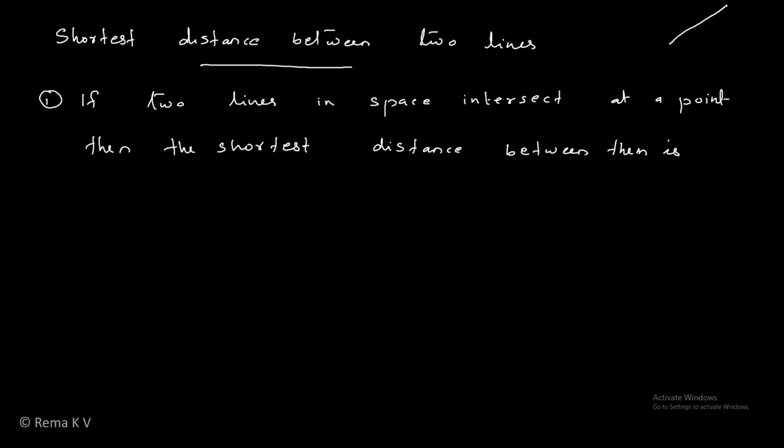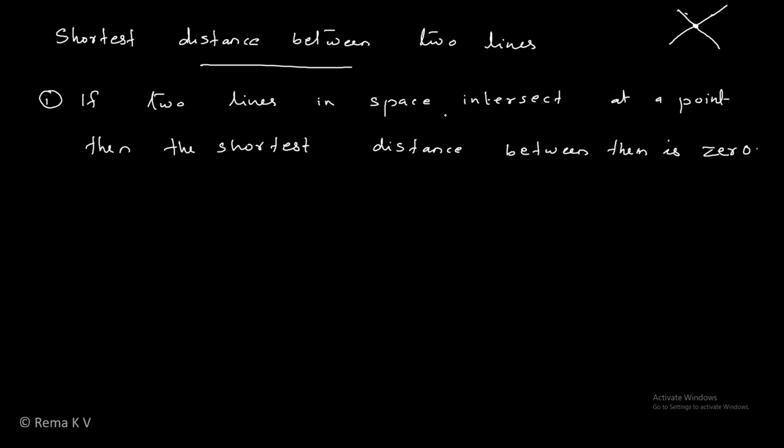See, two lines are intersecting lines, intersecting here. So the shortest distance here, if you draw a line like this, is the distance between these two lines. Then the shortest distance is here and it is equal to 0.